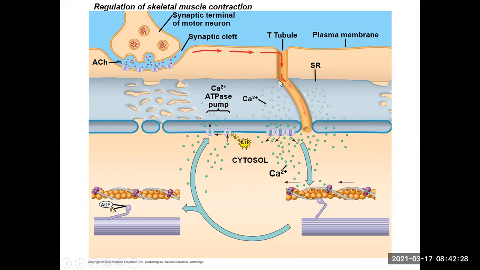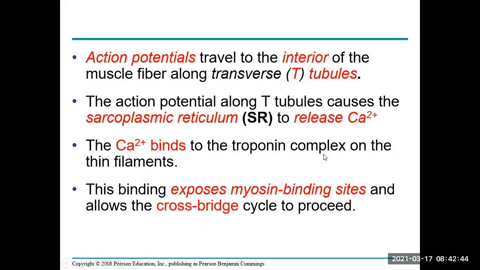The T-tube is just part of the plasma membrane that allows the action potential, or the impulse, to pass through until it reaches the storage area of the calcium. The calcium is stored in the sarcoplasmic reticulum, not the endoplasmic reticulum.